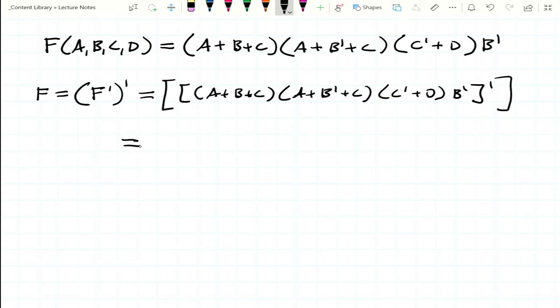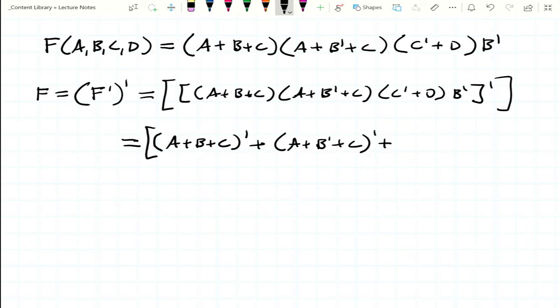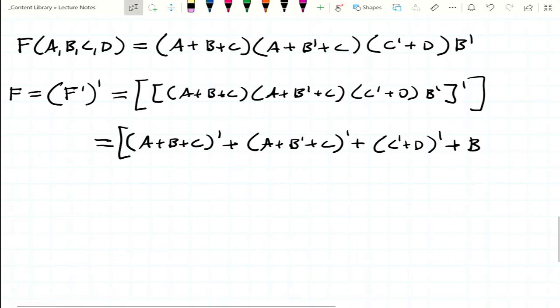Now, by applying that first level of De Morgan's theorem, I'm going to get all of these expressions. So A or B or C prime, or A or B prime or C prime, or C prime or D prime, or we had B prime, now it's just B, and all of those statements are ORed together and then they're inverted.